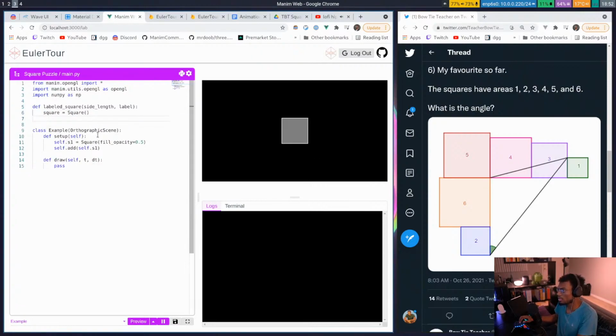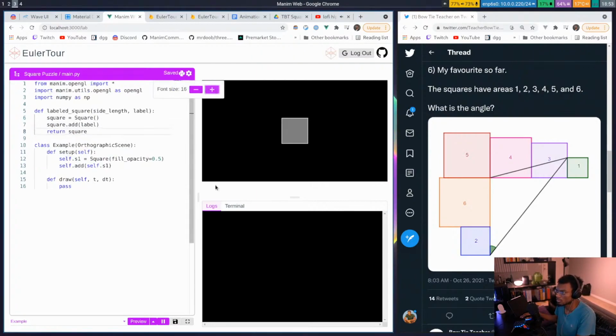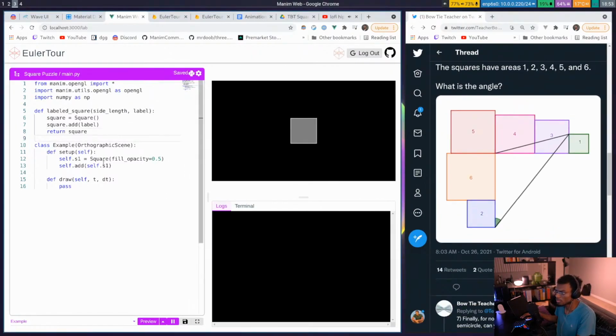So you do something like this. Square.add label. And return the square. And then this way, S1 I can have, hopefully, just labeled square. And I'll say like 5, like Math Tech 5.